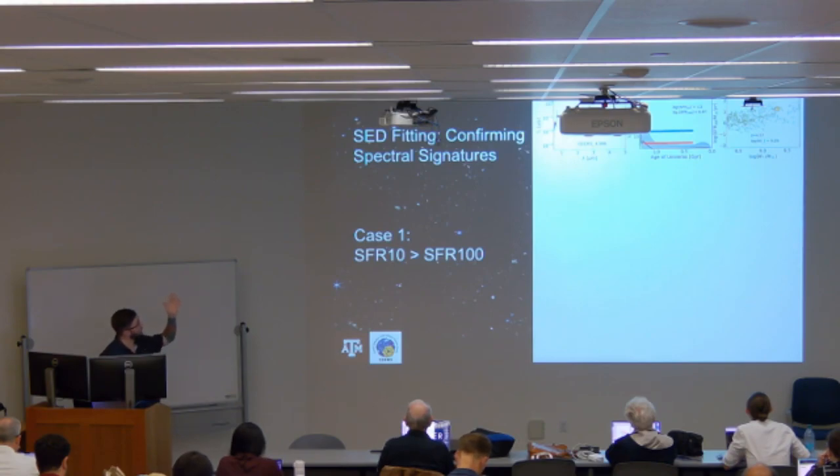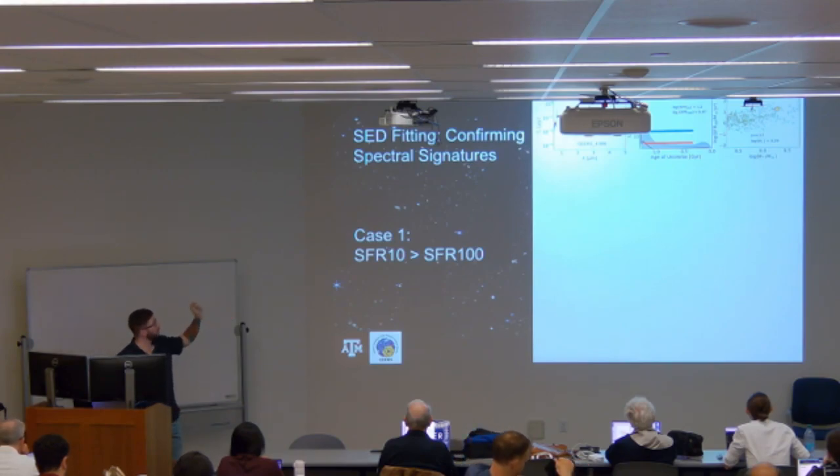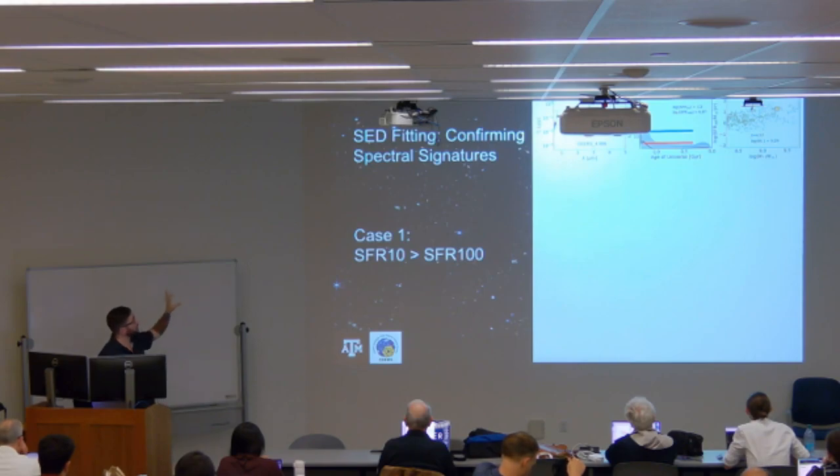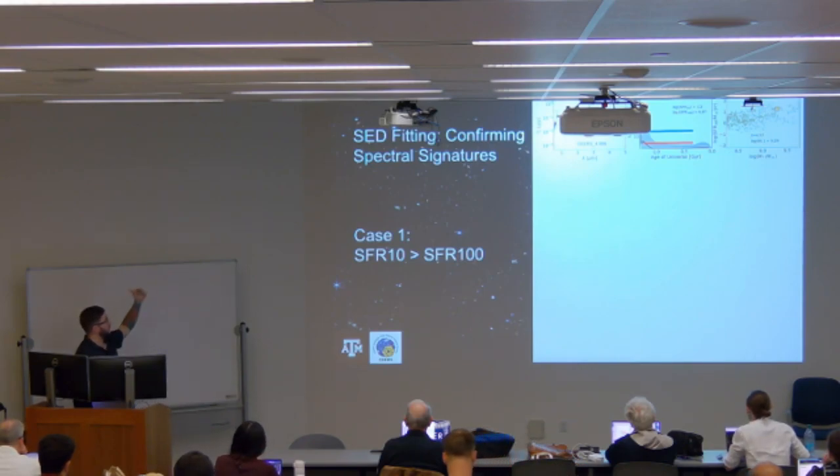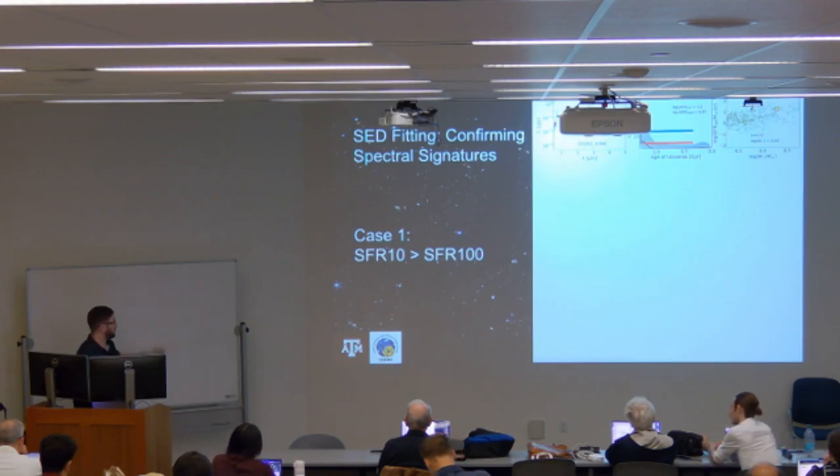If I take the 100 megayear star formation rate, integrating over those 100 megayears, it's going to drop, even though the star formation history shows that it is rising. But I can actually constrain that rising star formation history if I integrate over 10 megayears.